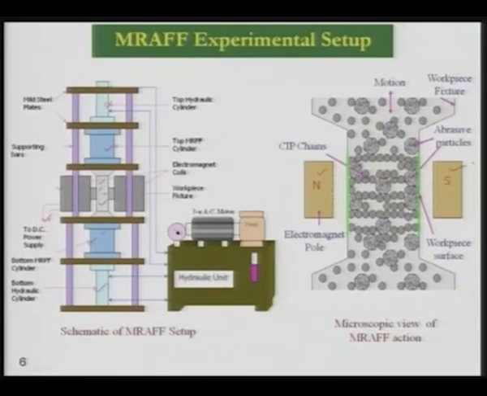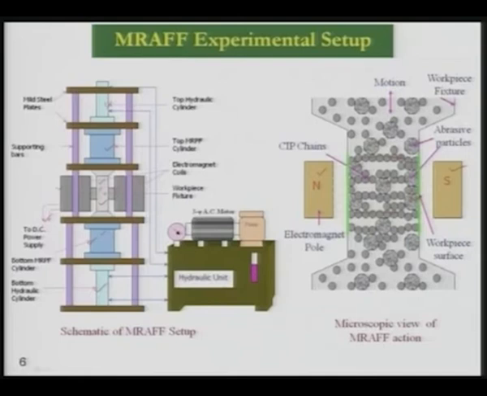So what happens when you bring this medium, as I will discuss later on its constituents, is that these iron particles or carbonyl iron particles arrange themselves along the magnetic lines of force and form chains, and in between the chains or within the chains are abrasive particles, which are shown here of a much bigger size. In real life they are not so; they are of the same size as the iron particles or carbonyl iron particles.